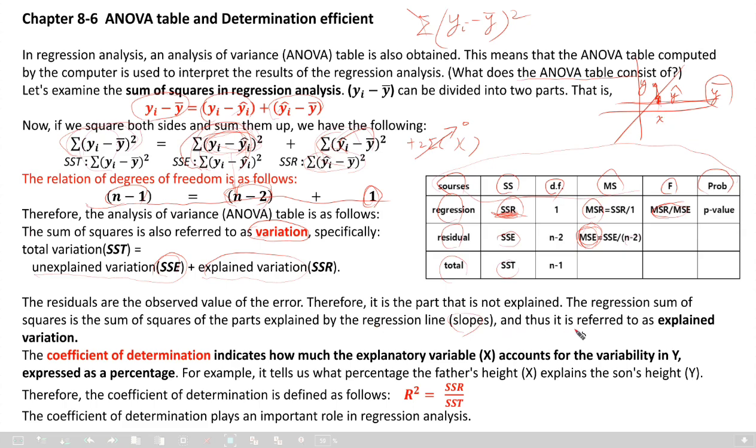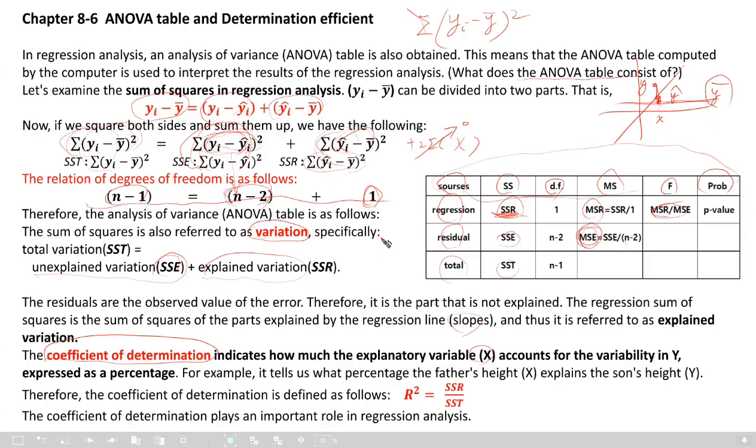Thus, it is referred to as explained variation. The coefficient of determination indicates how much the explanatory variable x accounts for the variability in y. Can you understand that? The determination coefficient is expressed as a percentage.